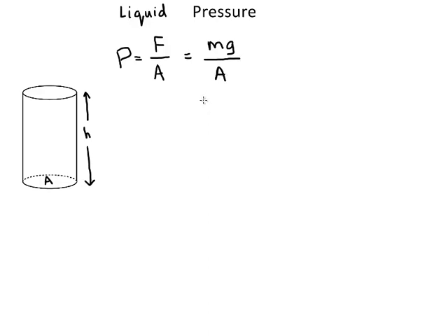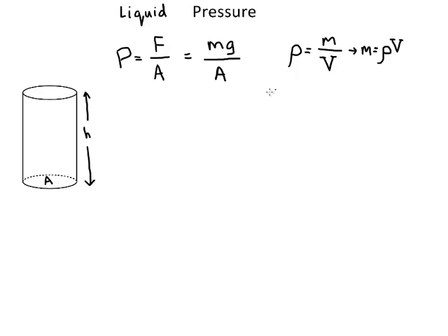When we talked about density, we learned that density was defined as mass per volume. And we also saw that you could solve that for mass, and you would get mass is density times volume.